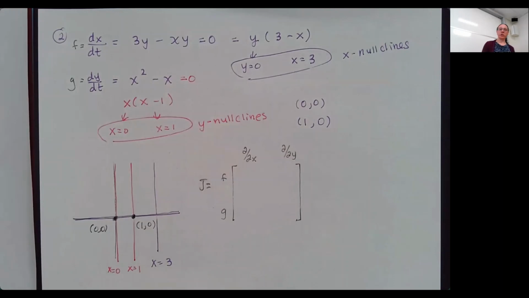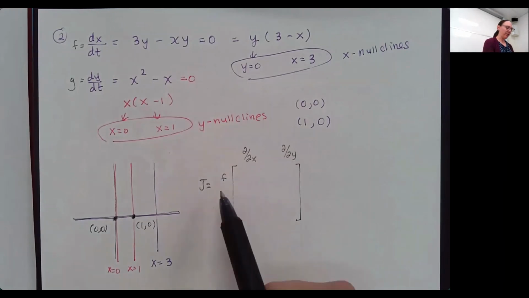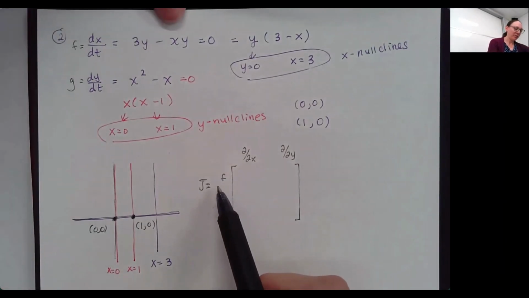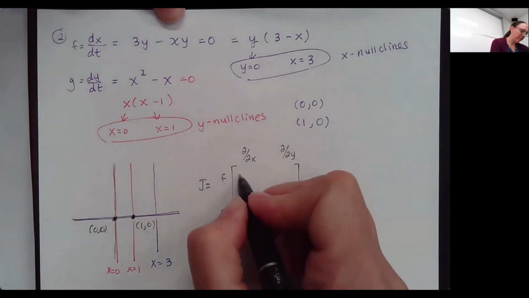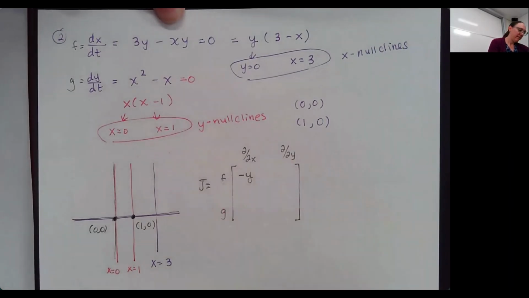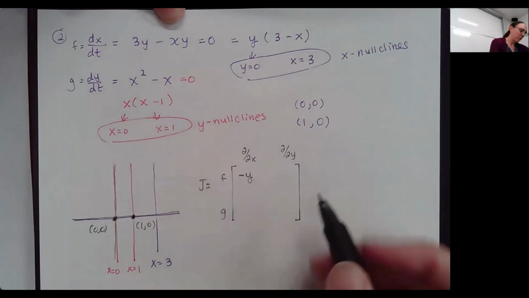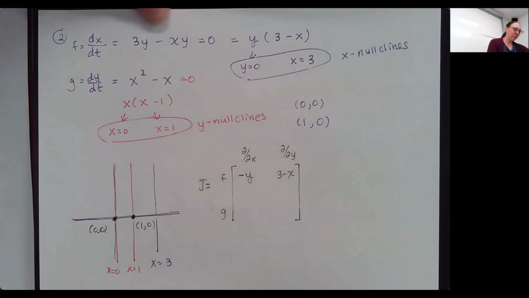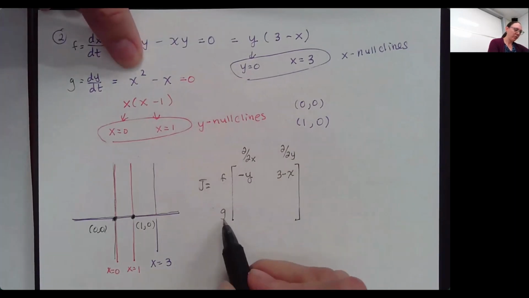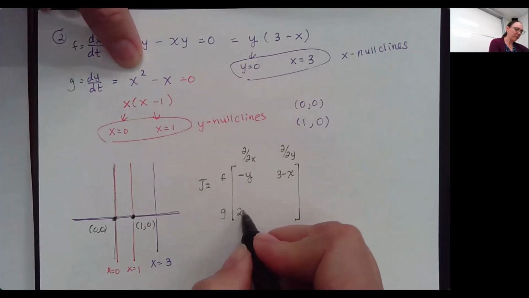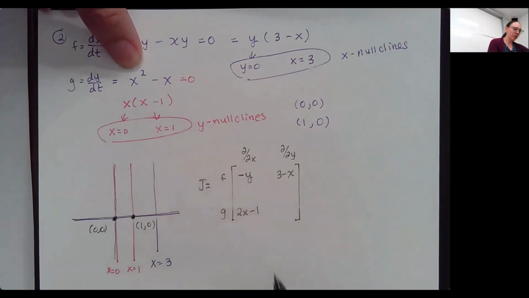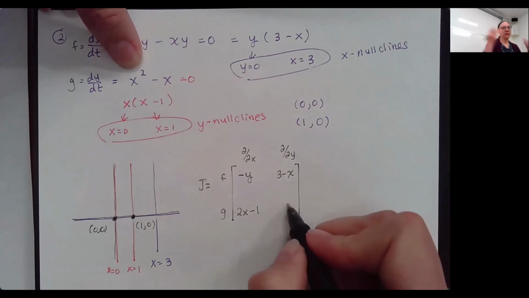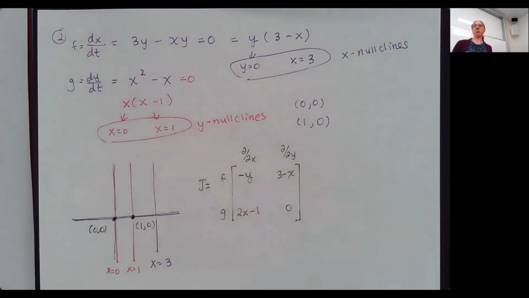So for my overall Jacobian matrix, the partial of F with respect to X is negative Y. The partial of F with respect to Y is 3 minus X. The partial of G with respect to X is 2X minus 1. And the partial of G with respect to Y is 0. Good times.